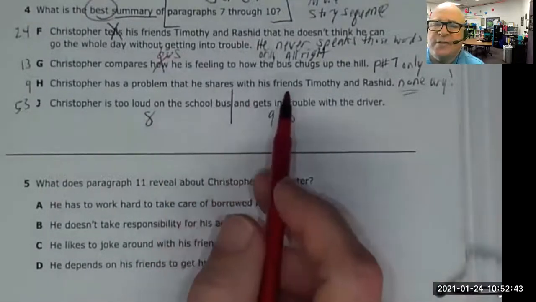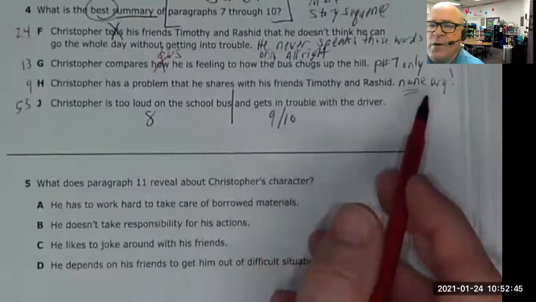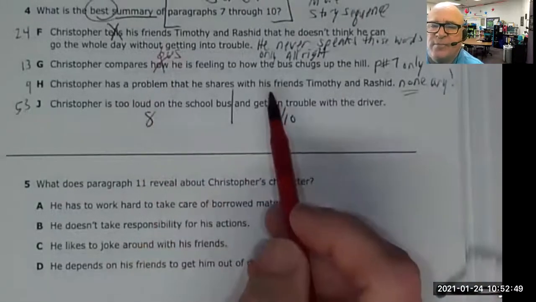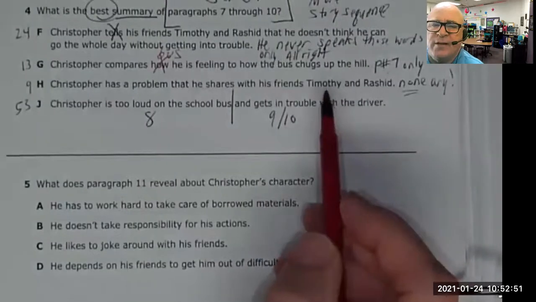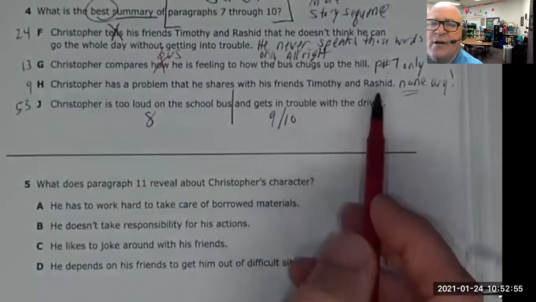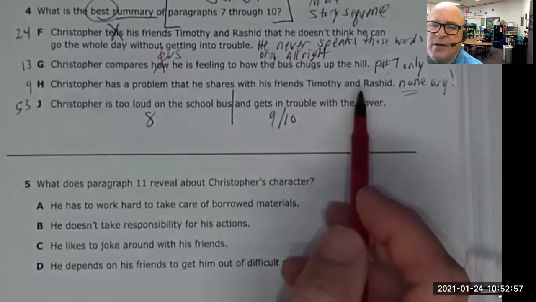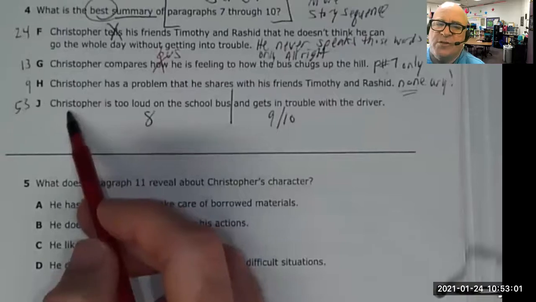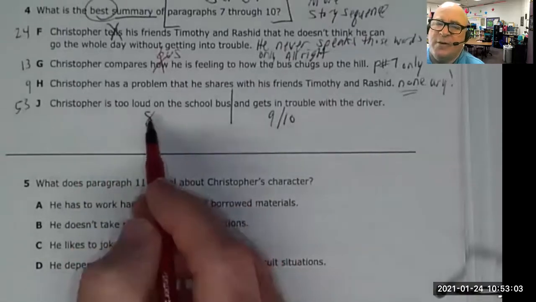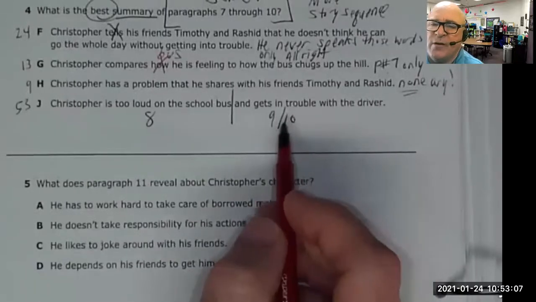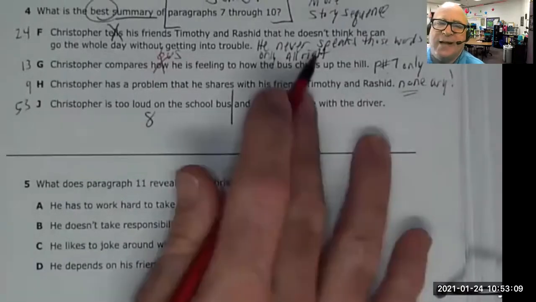Christopher has a problem that he shares with his friends Timothy and Rashad. Nowhere, anywhere is he sharing a problem with his friends. His friends Timothy and Rashad are not even mentioned in paragraphs 7 through 10. But Christopher is too loud on the bus. That's paragraph 8, and he gets in trouble with the driver, paragraphs 9 and 10.